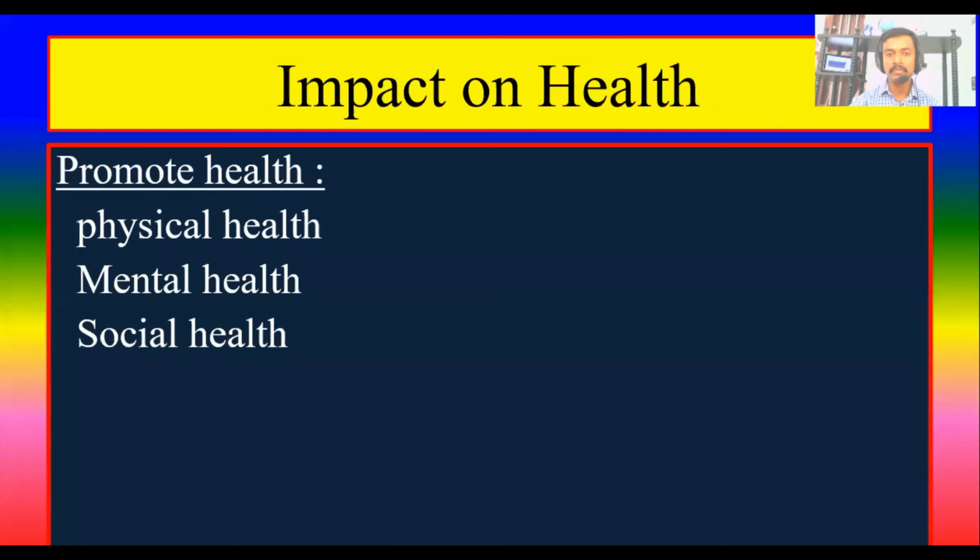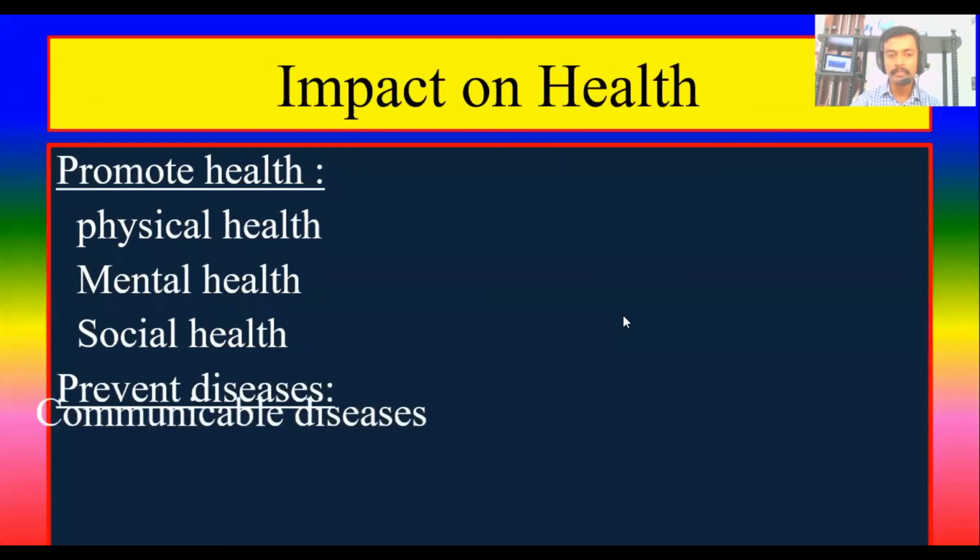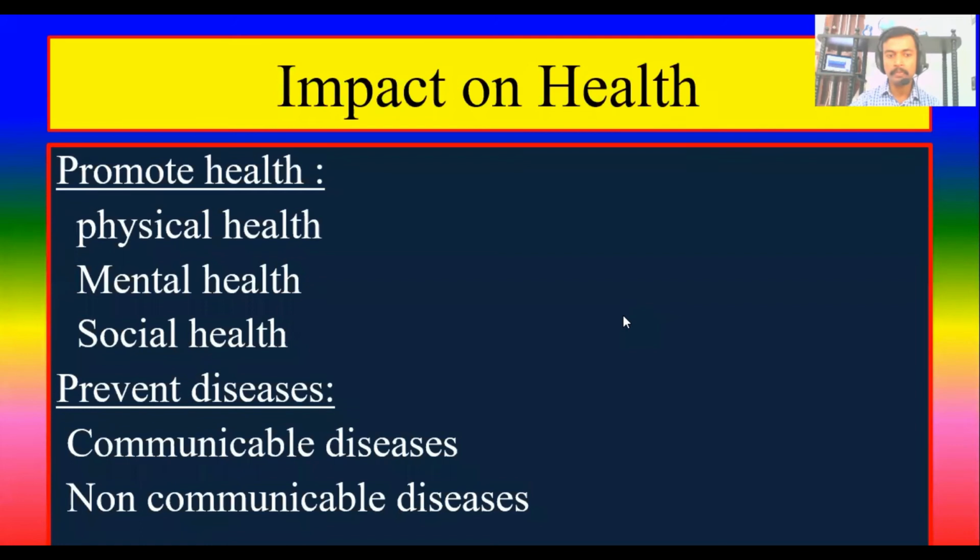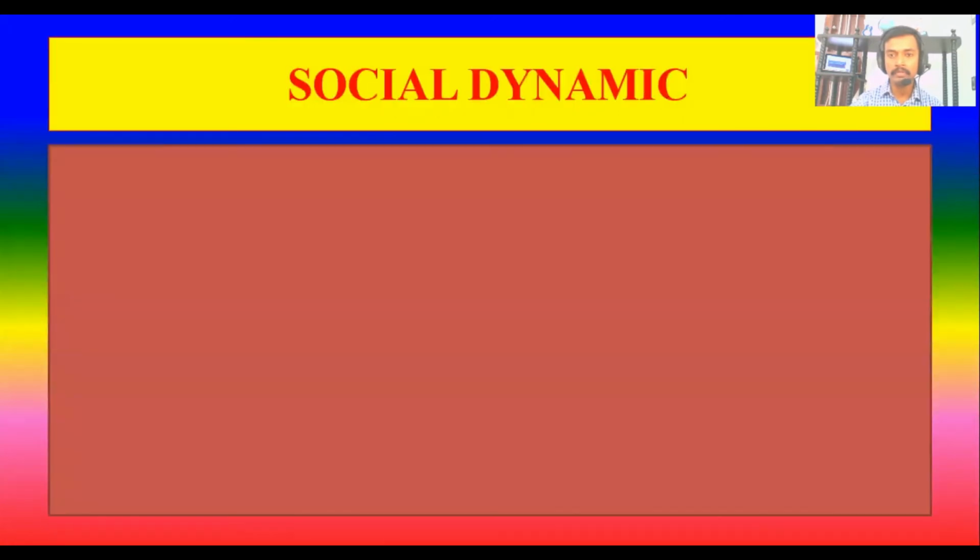So all these services directly impact the health status of people, every aspect of health status. Then prevention: prevent communicable diseases and non-communicable diseases by means of the various programs launched in rural India through primary healthcare services.